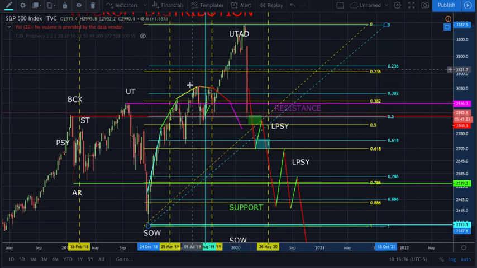But like I said, at this point in time, I would expect continuation because everybody is trapped now from up here. Anybody that bought anywhere in here is upside down. This is what you have to pay attention to in a situation like this.